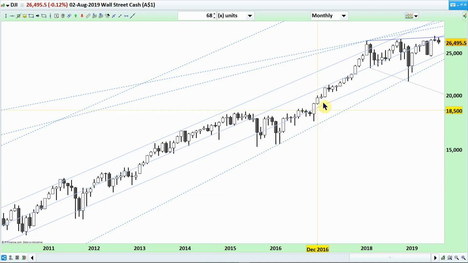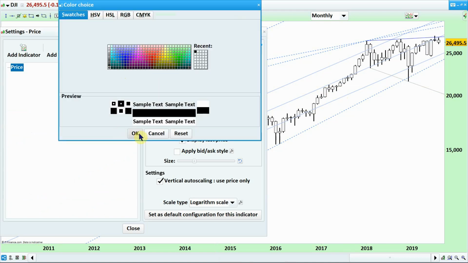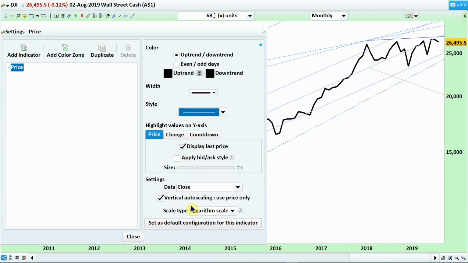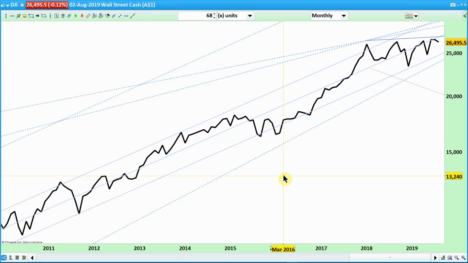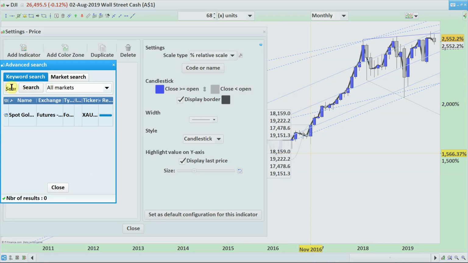So if this is Dow Jones Index of America, we'll make this black for Dow Jones, and then we plot this on top of dollar index, which is DX.